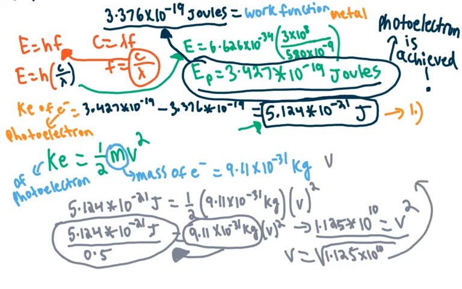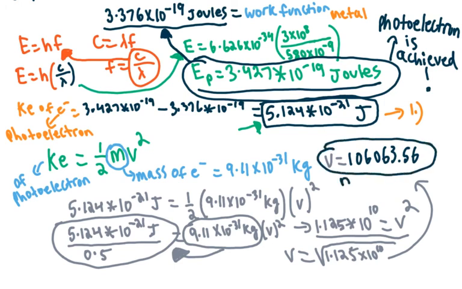The velocity of the photoelectron is equal to about 106,063.56 meters per second. That's a huge number. Let's not forget the units, meters per second. So that's our answer to number 2, guys.